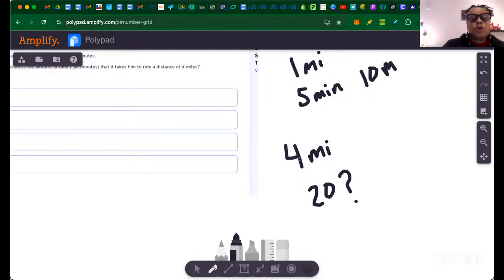Every time you're multiplying by what? You multiply the distance, yeah, 4 miles, but by what number? When I gave you 3, you multiply by what number to get 15? There you go. In each case, you're multiplying by your constant of proportionality. That ratio you found, 1 to 5, every time you're multiplying by 5.